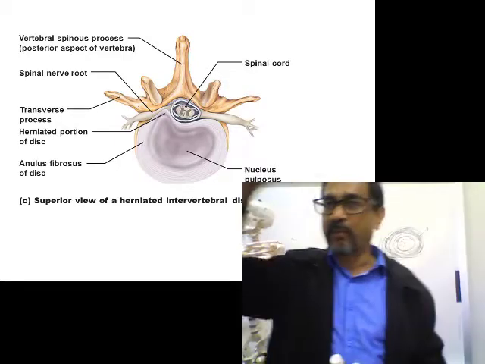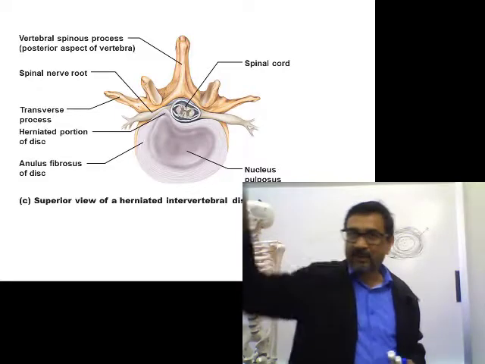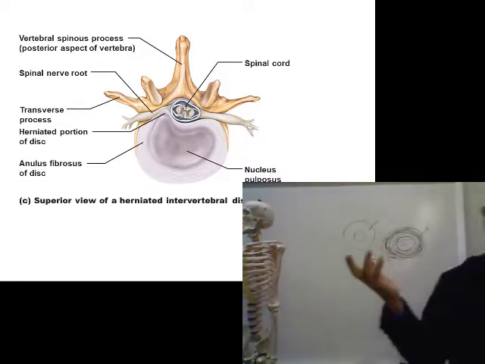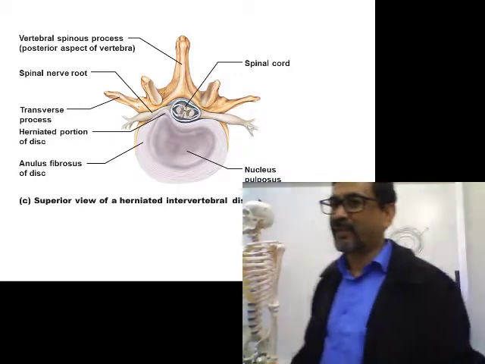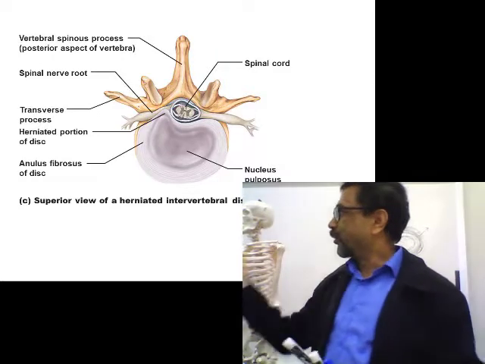So annulus fibrosus is very tough, a lot of fibers in it, annular part, outer part, and the inner part is nucleus pulposus, a soft, jelly-like structure.